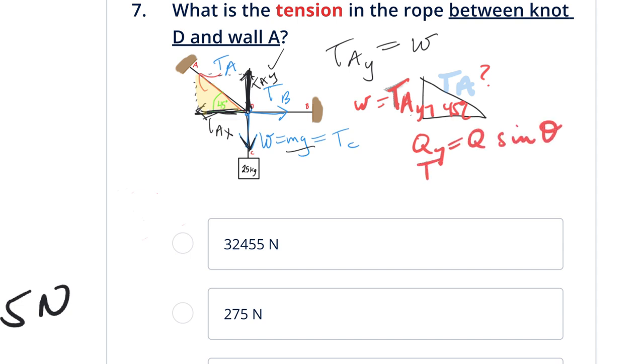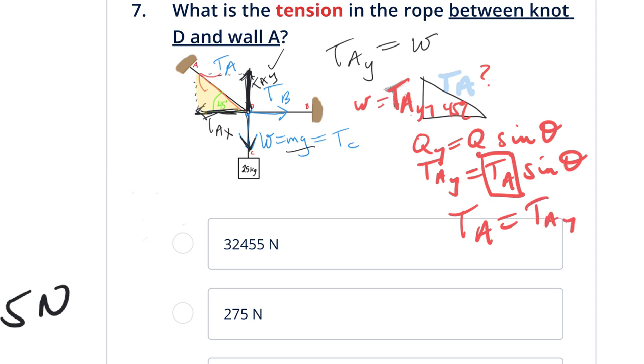So this would be TAY equals TA sine of theta. And I can solve for the tension simply using algebra, rearranging this, and that would give me TA.